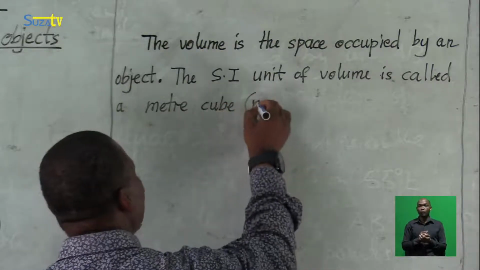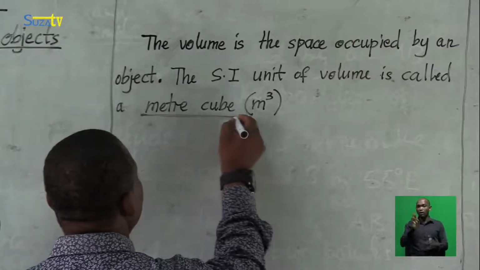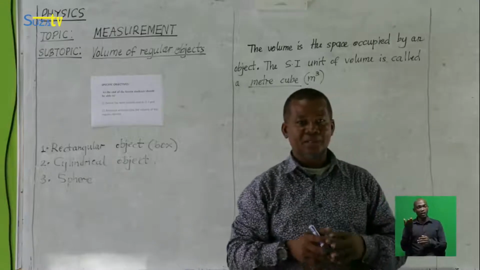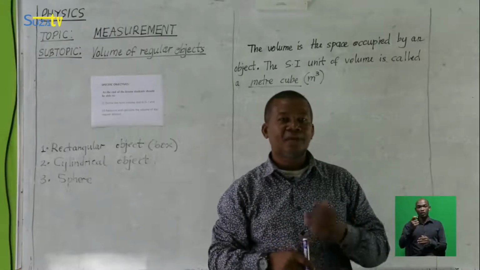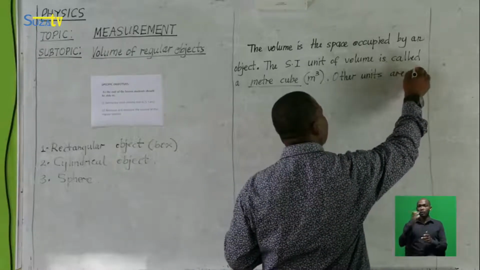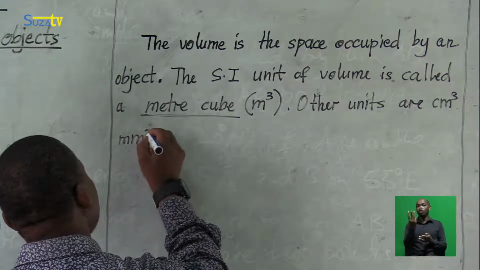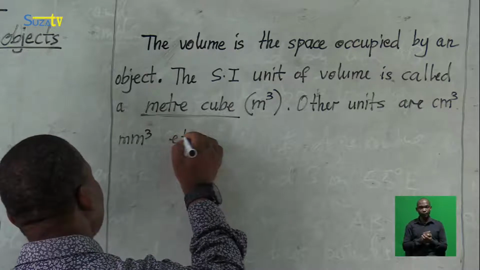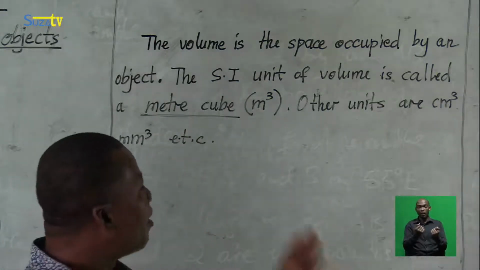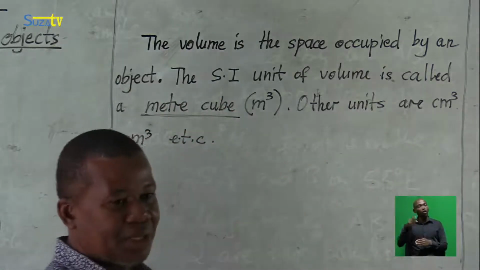It is symbolized by small m cube. Even though there are other units of volume that are normally used, we have centimeter cube, millimeter cube, and so on. So we can measure volume by the use of meter cube, centimeter cube, or millimeter cube.